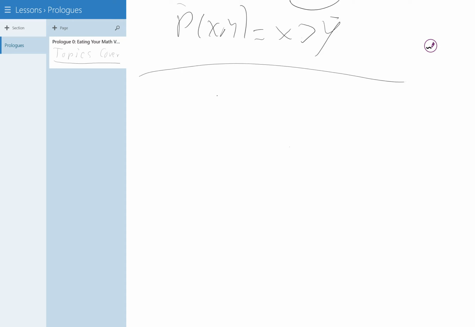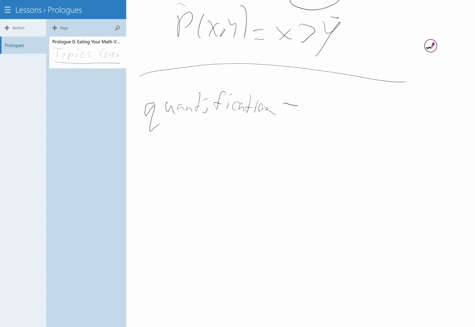The final thing I want to go over is quantifiers, okay? Quantification.